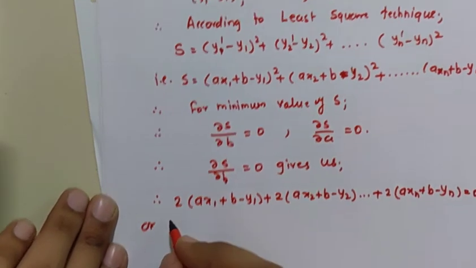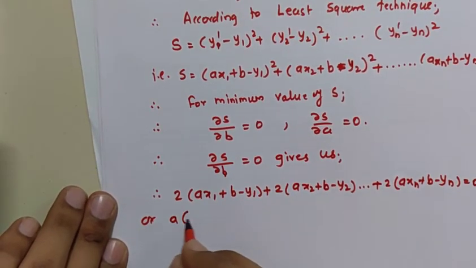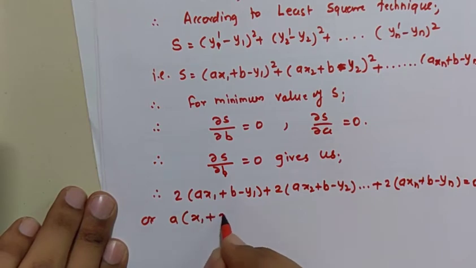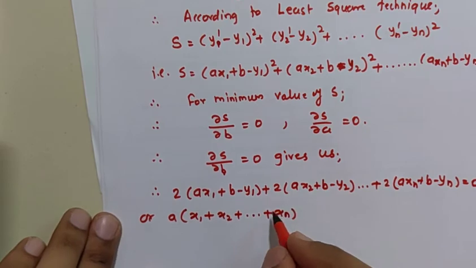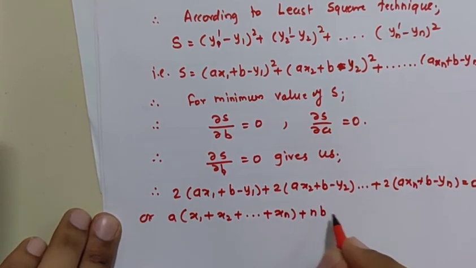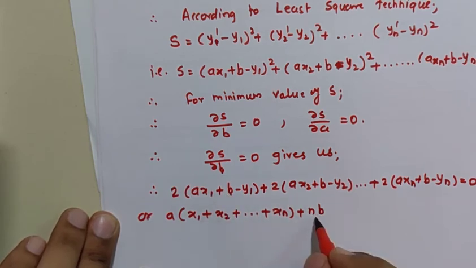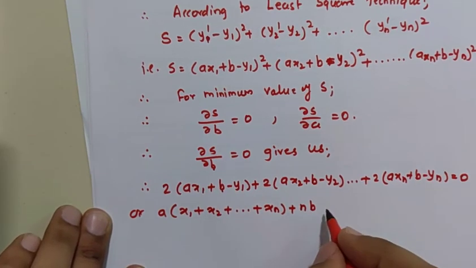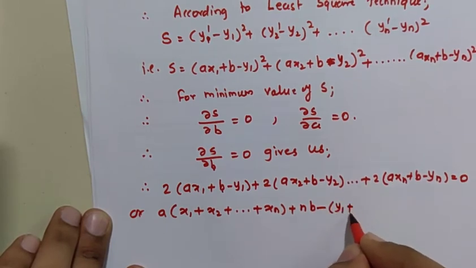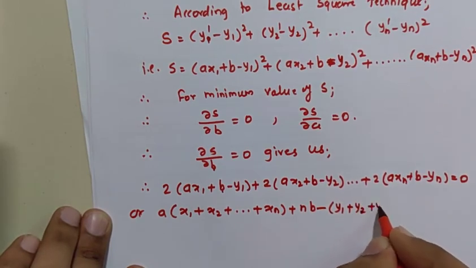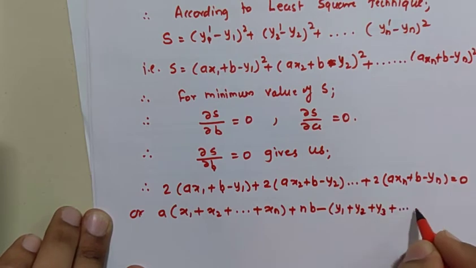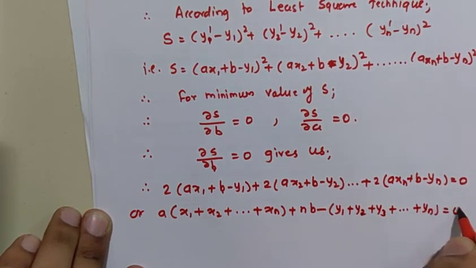Making rearrangement, a of (x1 plus x2 plus up to xn) plus nb, since the coefficient of b is 1 in each term, minus (y1 plus y2 plus y3 up to yn) is equal to 0.